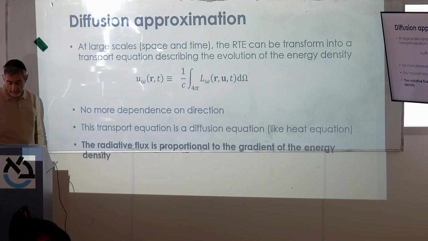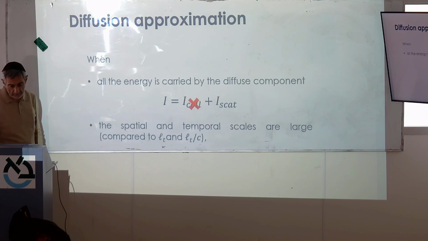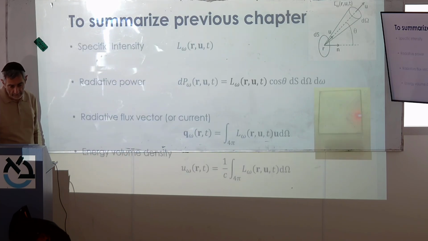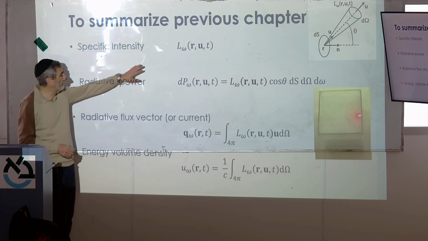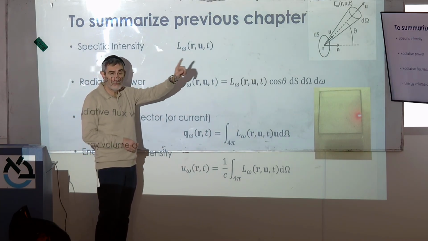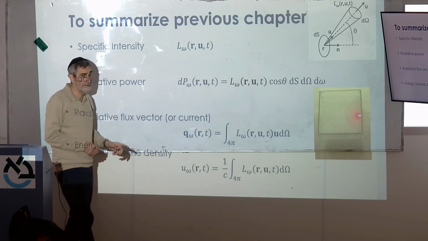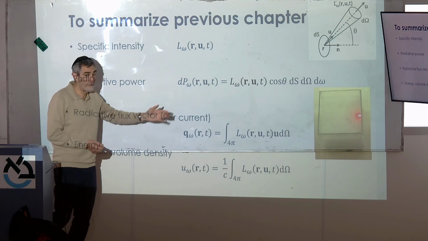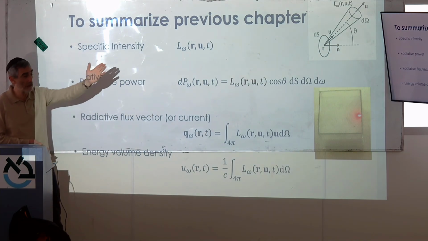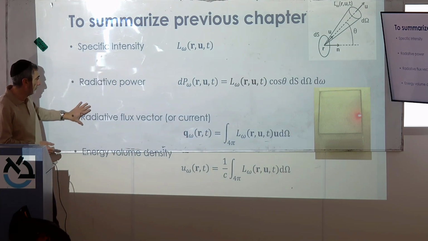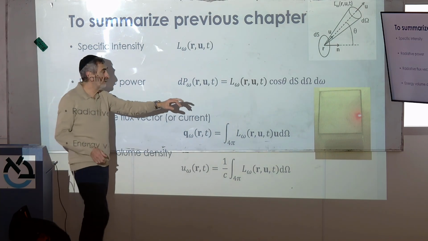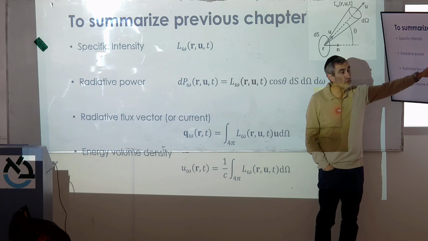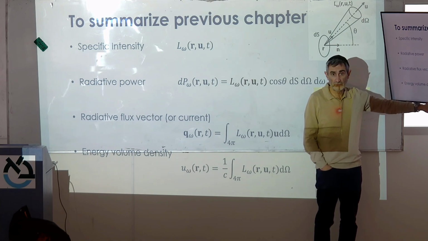Oh, that's something I wanted to point out here. If I go back here, you see this quantity depends on u, on the direction. The specific intensity can be different for different directions. Same thing for the radiative power, that's the power radiated in one particular direction. But if you consider the flux vector here or the energy density here, you see that they don't depend anymore on u. They are independent of the direction.